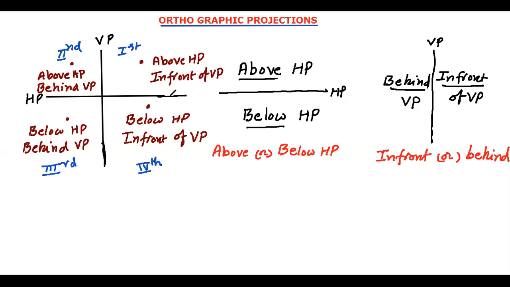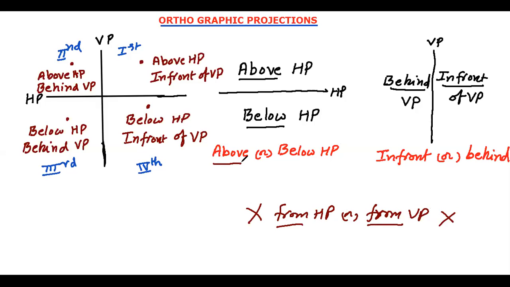So this concept is very, very important, dosto. What we have learned is, you should never use the words "from HP". It is wrong. Or "from VP", this is always wrong. Don't use these words. Always use above HP or below HP, in front of VP or behind VP.